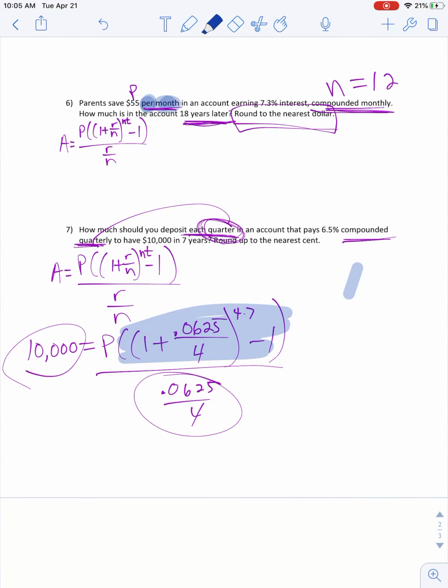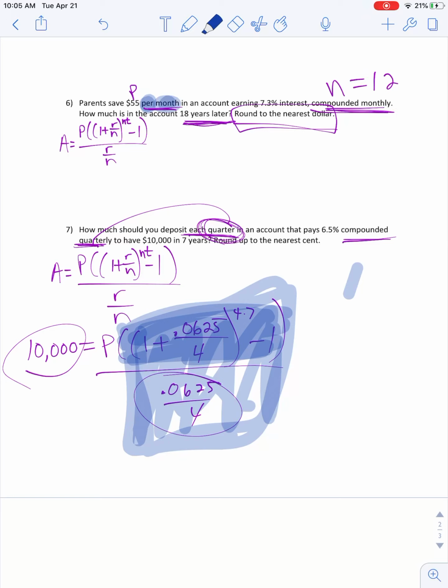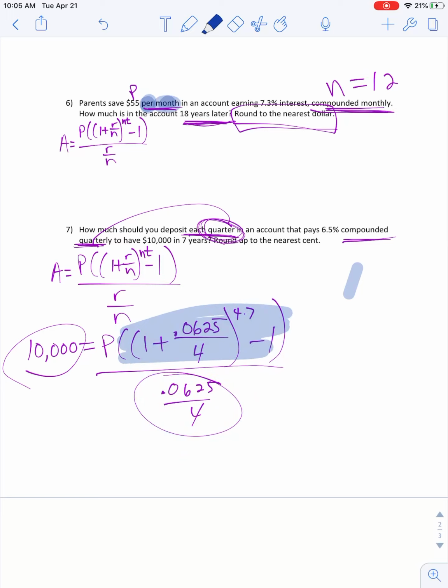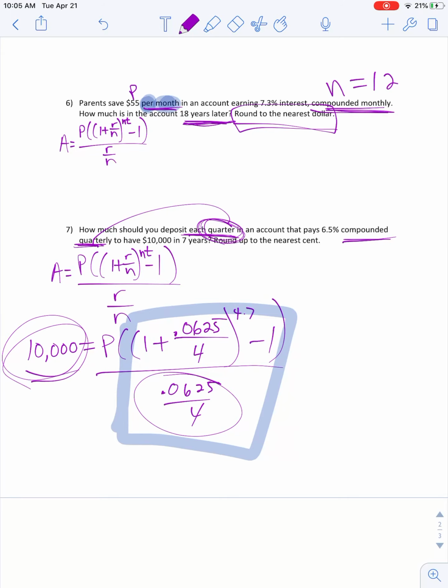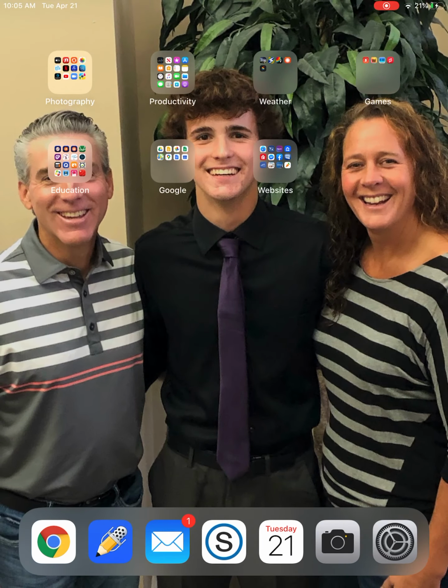Or you can just figure out all of this and then divide 10,000. I think that's how we did it before. That's what we'll do. So I'm going to calculate all of this first. I've made a mess now of my fraction. So we're going to calculate all of this in the calculator, and then we're going to go 10,000 divided by that.